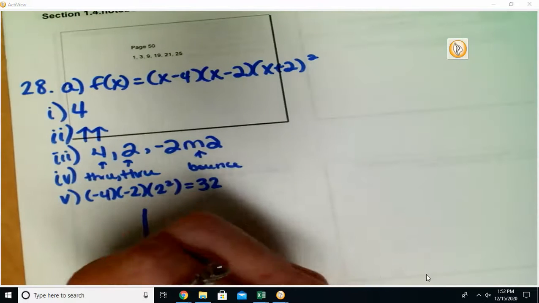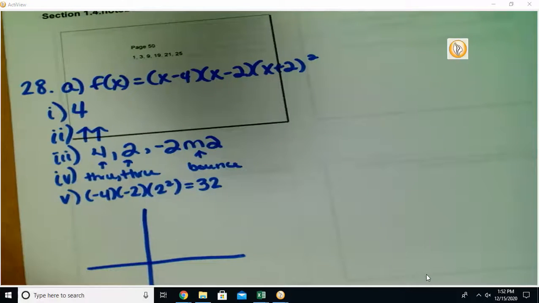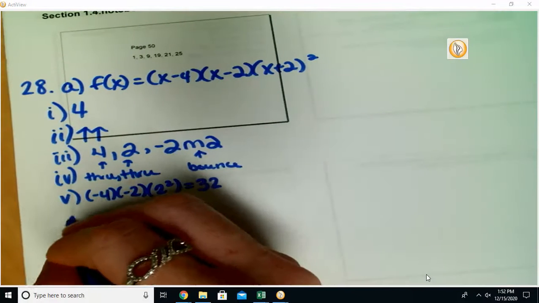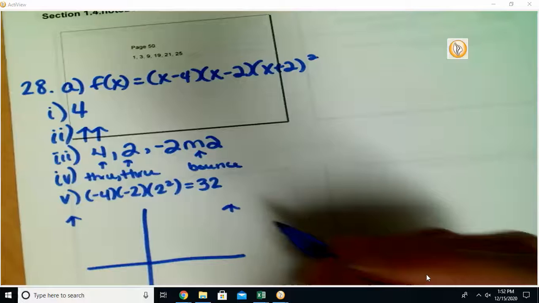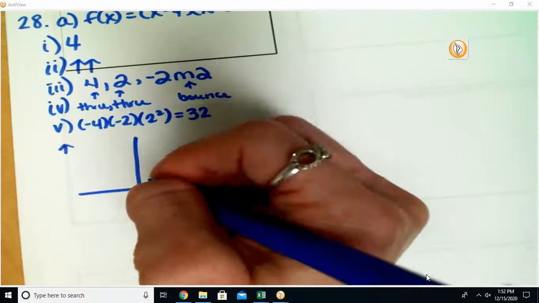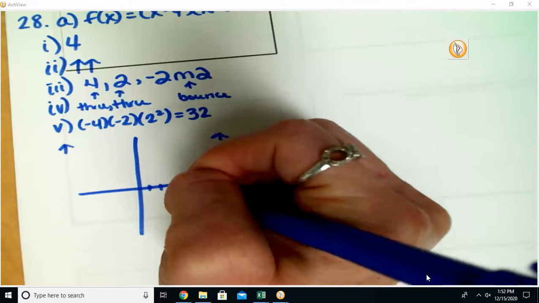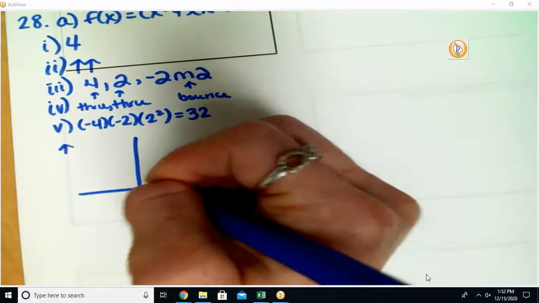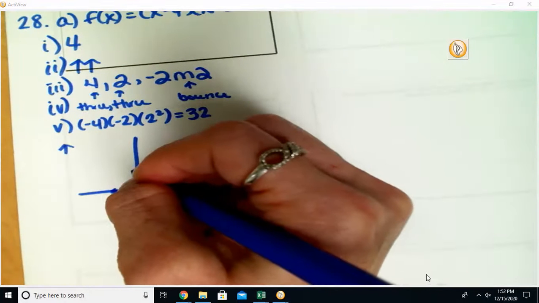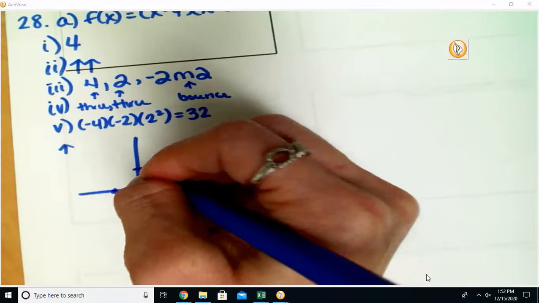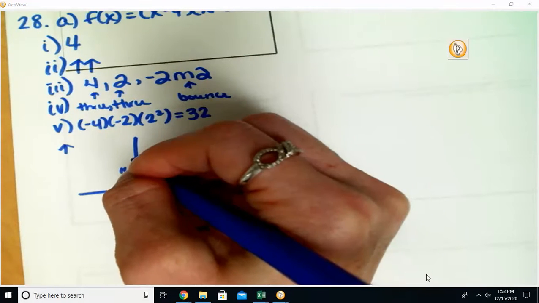Then you have to graph it. So I know at the end is up, up. So both of these then should be pointing up. I hit the x-axis at my zeros. So 4, 2, and negative 2. Y-axis at 32. I'm going to count by 8s.